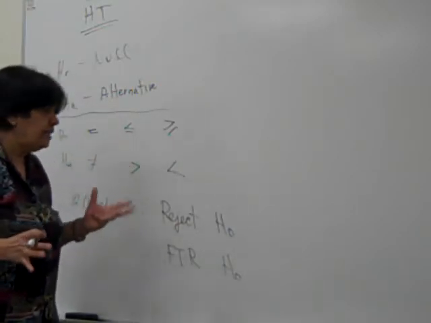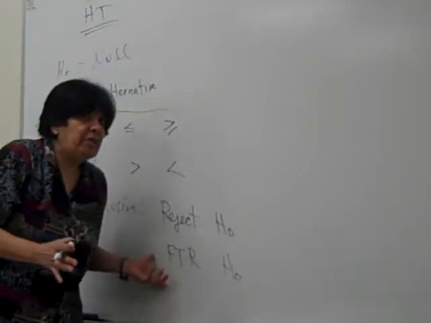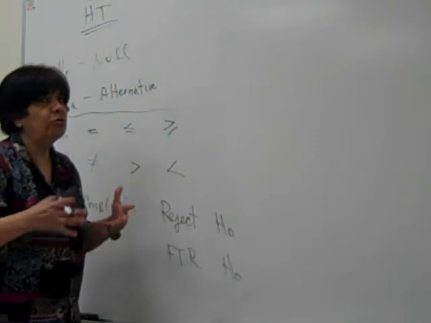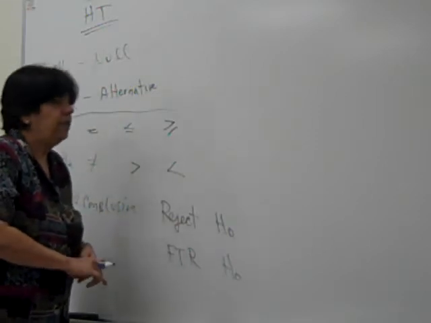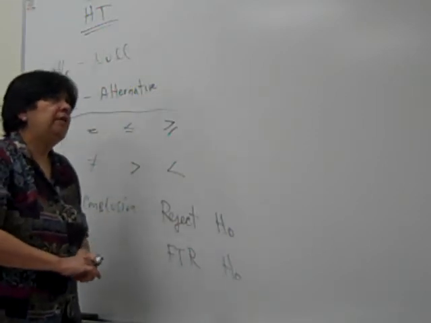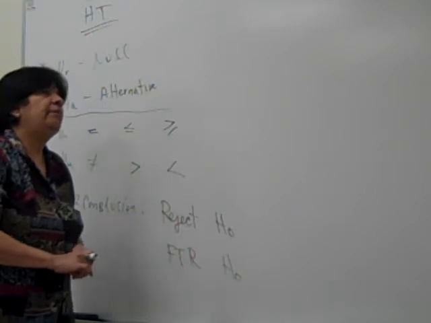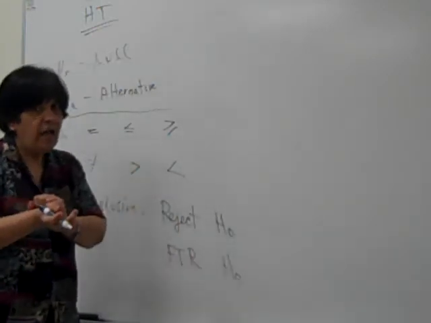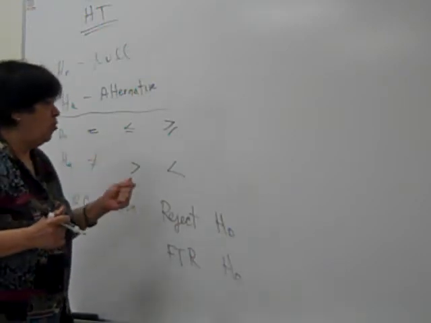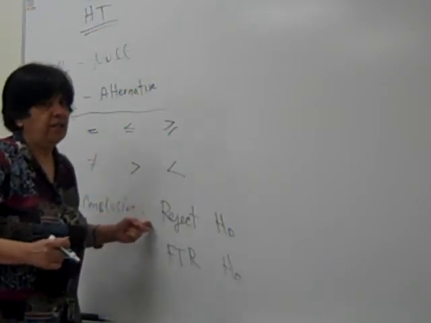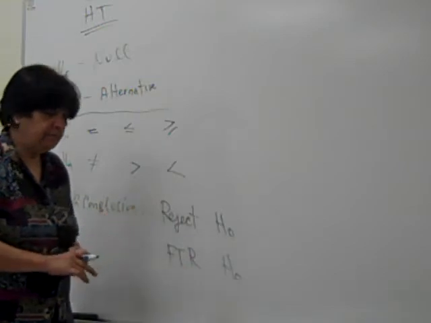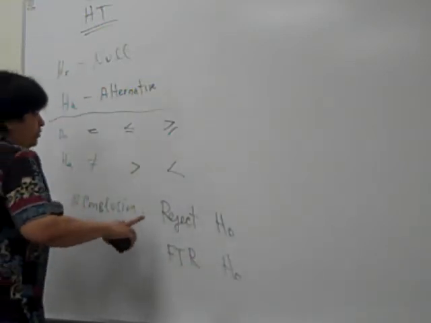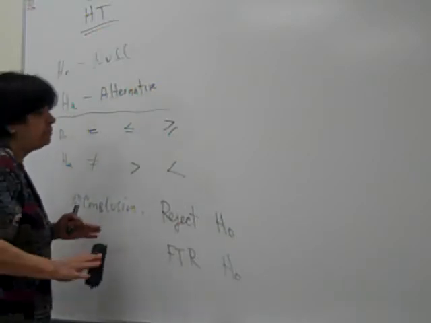In statistics, we do not accept the null hypothesis, we just fail to reject. So, we really find statistical evidence in favor of the alternative hypothesis only when we reject the null hypothesis. So, we have two conclusions, reject and fail to reject.